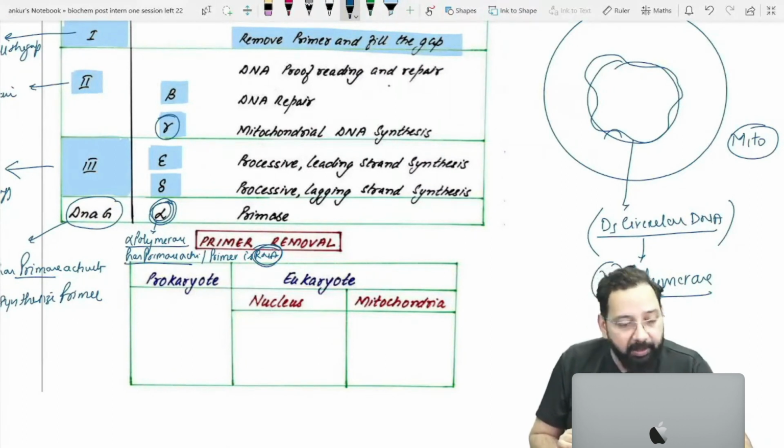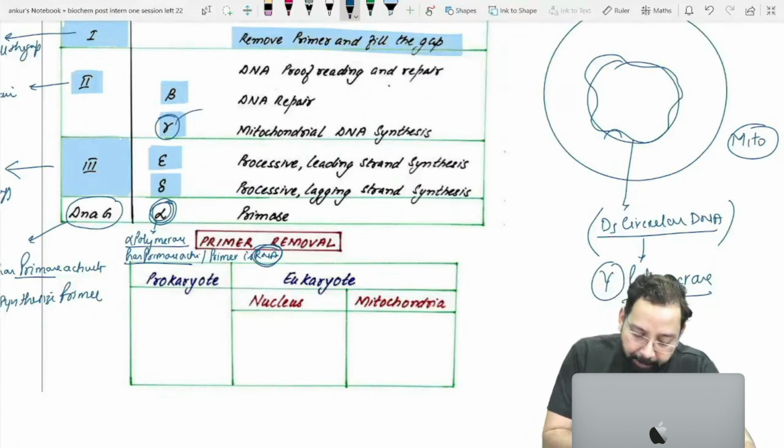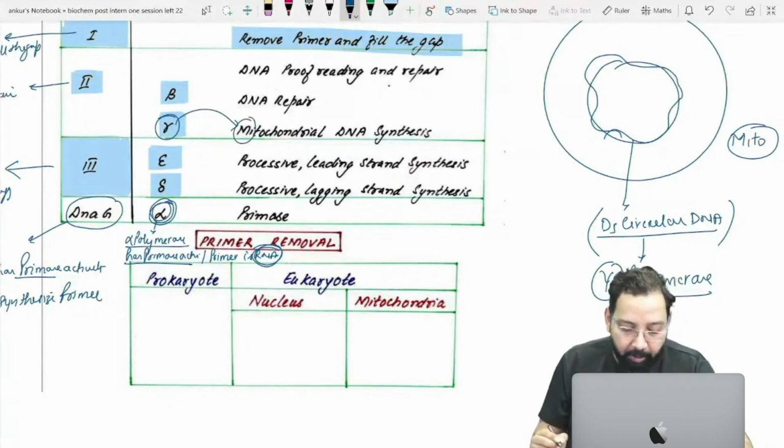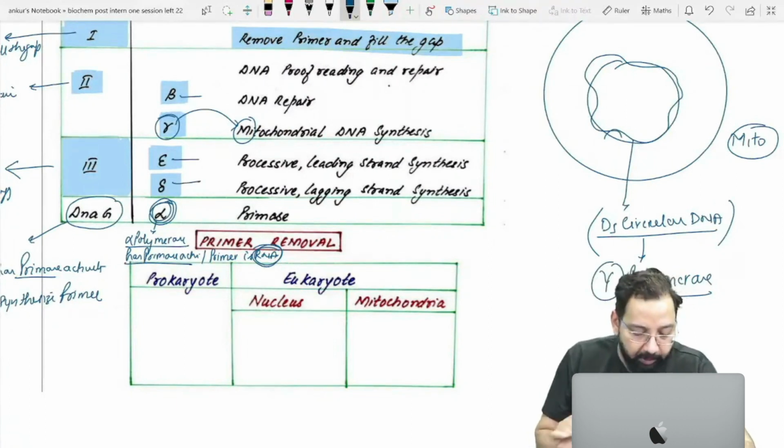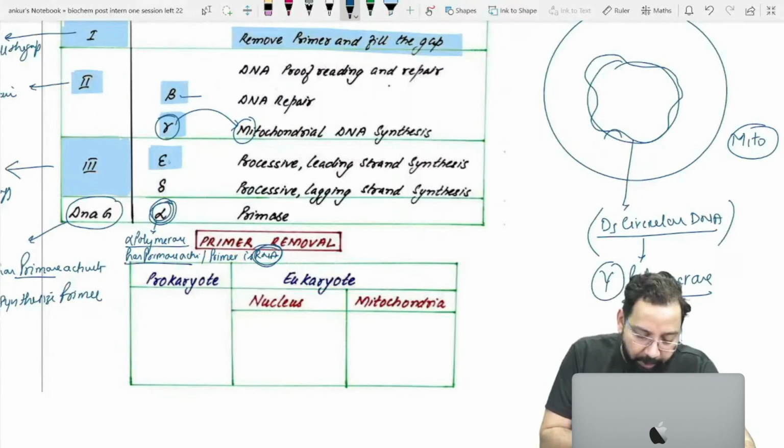Only one polymerase, gamma, is for mitochondria. So gamma does mitochondrial DNA synthesis; beta, epsilon, delta have no mitochondrial DNA synthesis.